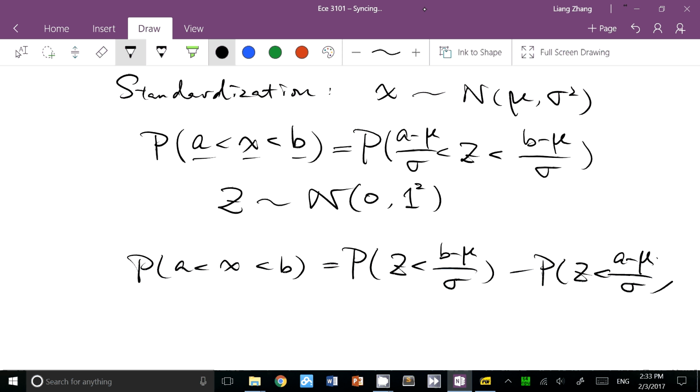And as we all know, this corresponds to the cumulative distribution function of z.